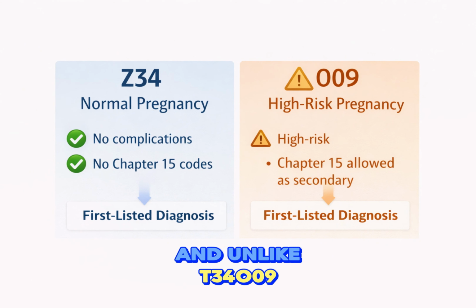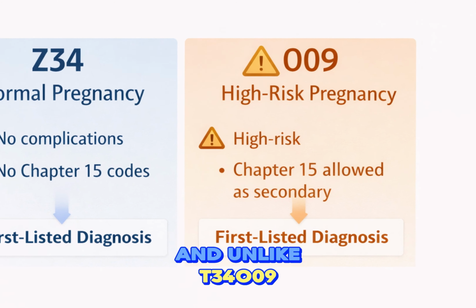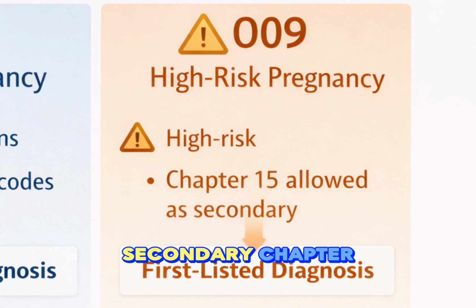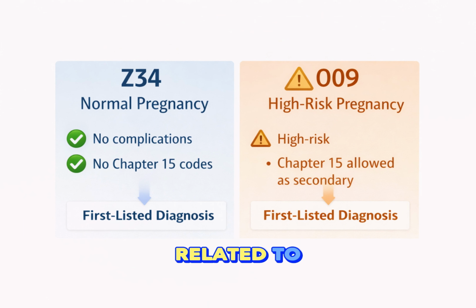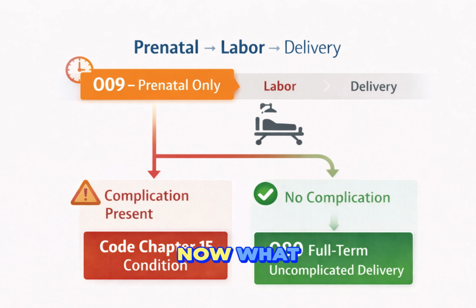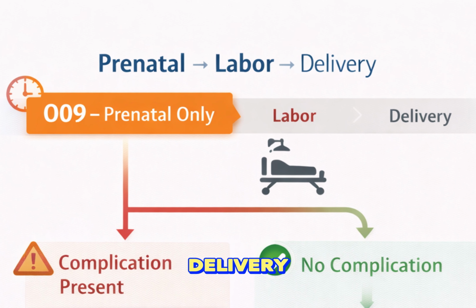And unlike Z34, O09 can be used with secondary Chapter 15 codes if appropriate. For example, if the provider documents a condition related to the high-risk status, you may assign O09 first, followed by the applicable Chapter 15 code. Now, what happens at delivery?